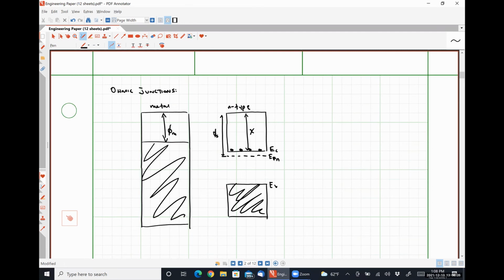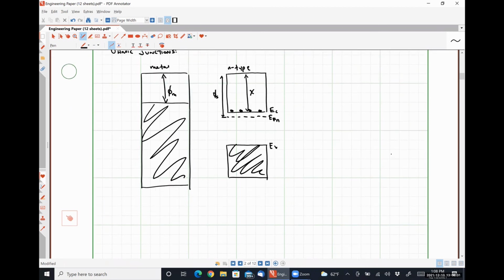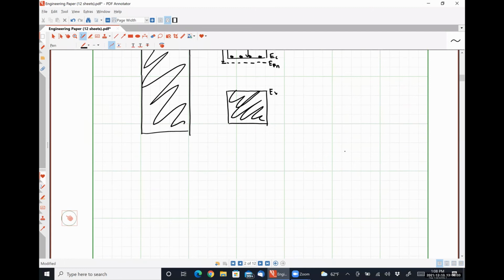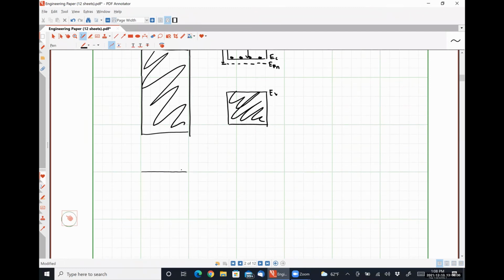So when we move these close together and they fuse, forming a single device, it should look something like this.